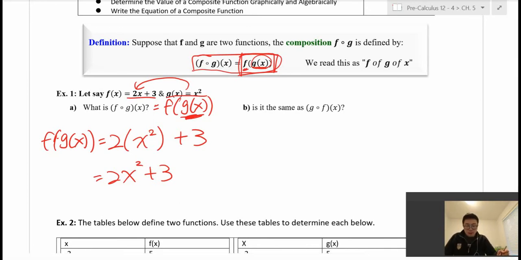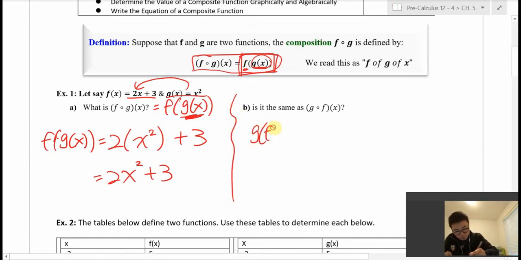Part B says, well, is this the same as g of f of x? So if we switch and make f become the inside function and make g become the outer function, are they going to have the same result? Well, let's take a look. Okay, so we're looking at g of f of x. So again, what this means is we're going to put f into g of x.